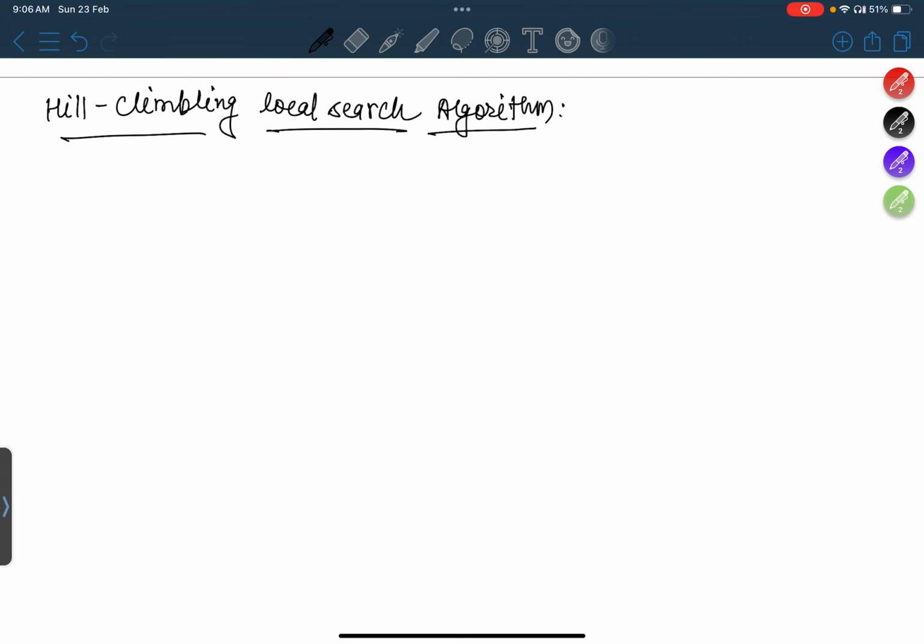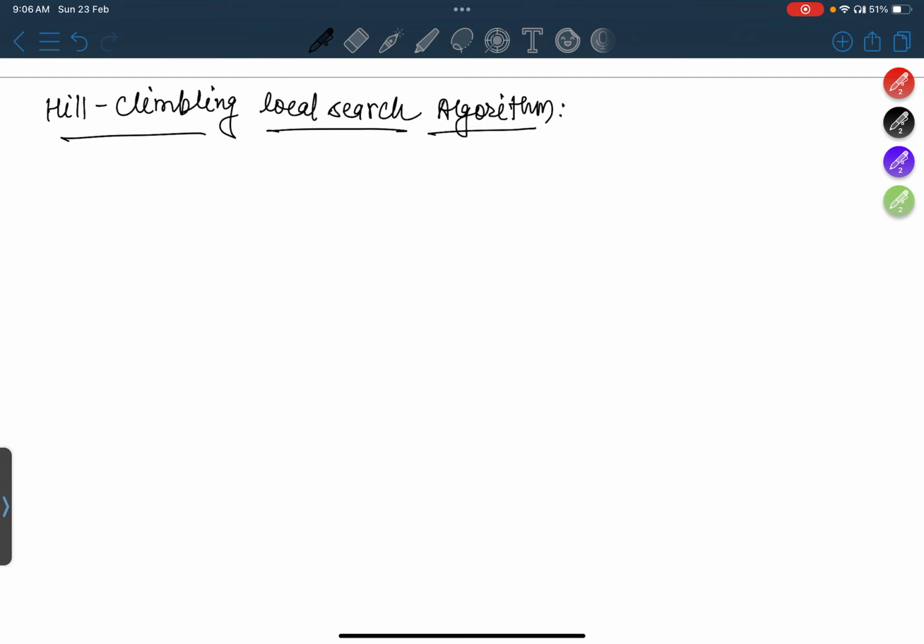Hill climbing is an example of a local search algorithm. So how does this work?